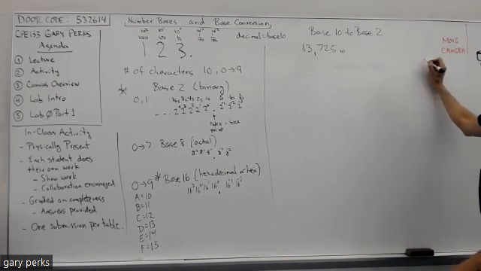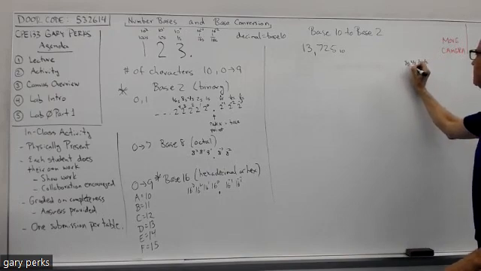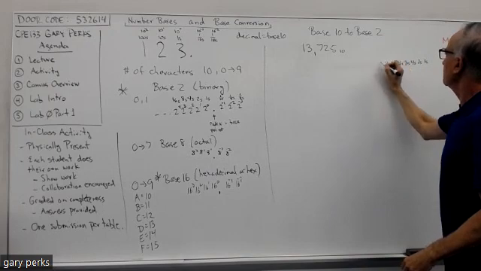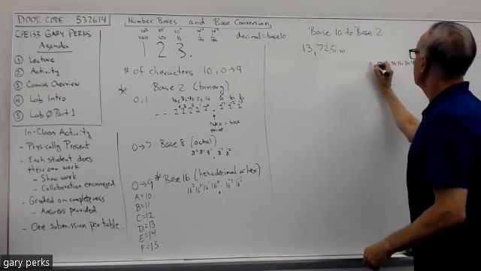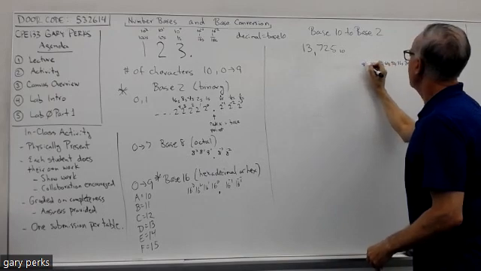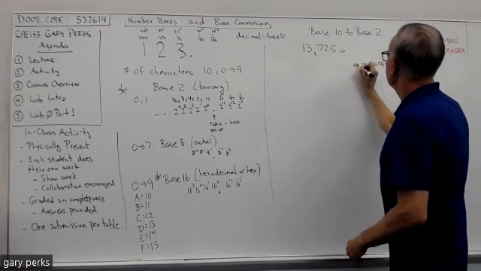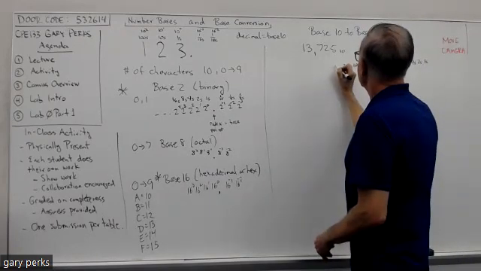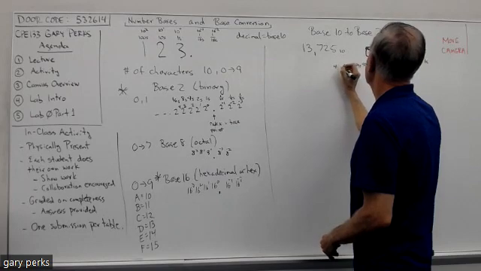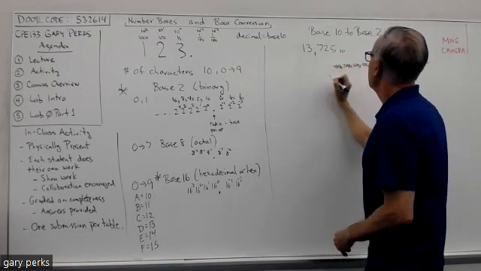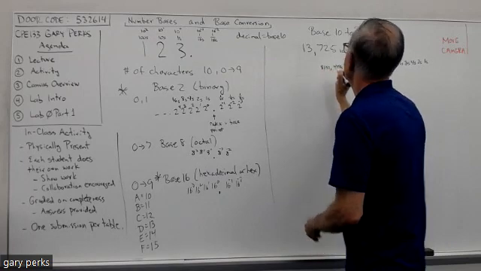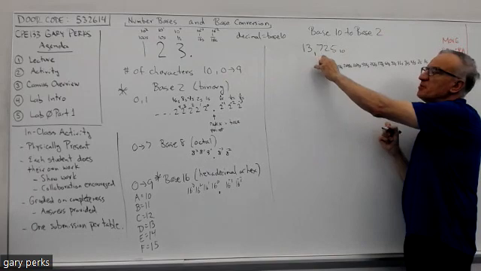So ones, twos, fours, eights, 16s, 32s, 64s, 128s, 256s, 512s, 1024s, 2048s. Then it's 4096s, and then it's 8192s. And I know that when I double this, I'm going to be more than this.